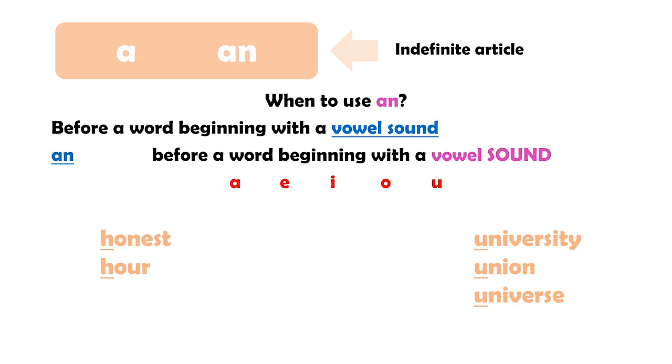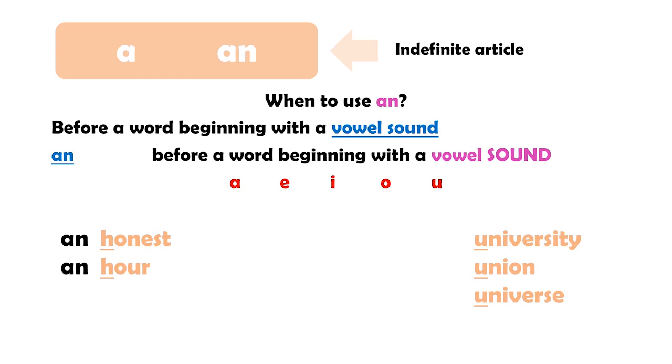What's important here is that the words honest and hour, although they start with the letter H, begin with the vowel sounds. We're not looking at the letter, we're looking at the sound. So we use an, the indefinite article: an honest boy, an hour.